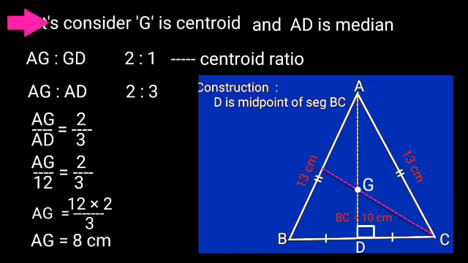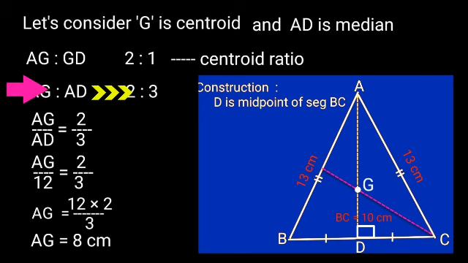Let us consider G is the centroid point and AD is a median. Hence, AG to GD is 2 to 1. We have already studied this. The reason is the centroid ratio. AG to AD is equal to 2 to 3, since 2 plus 1 is 3.